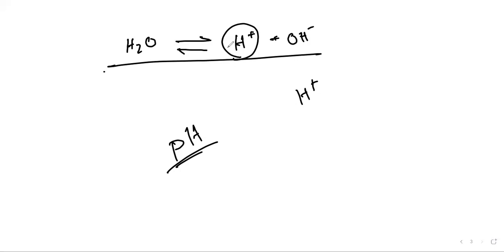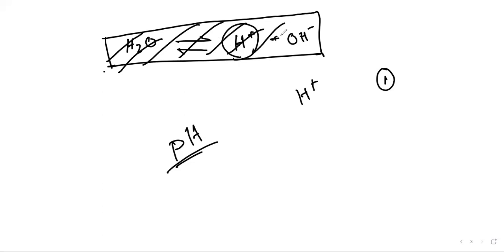So the first assumption we need to make is that the hydrogen ion concentration we are getting does not come from H2O. We know that's not true, but we have to assume that in order to have the calculation possible.